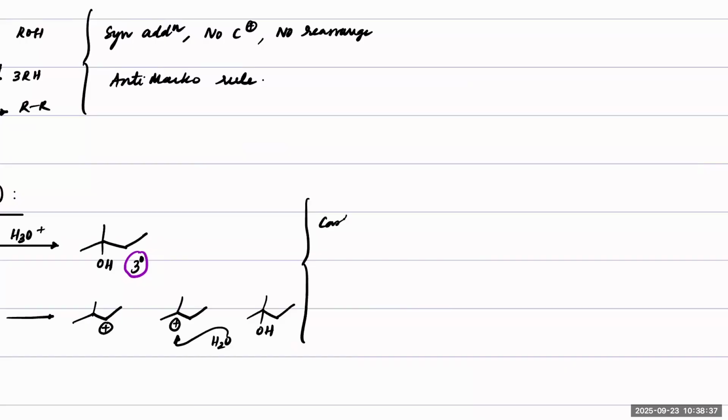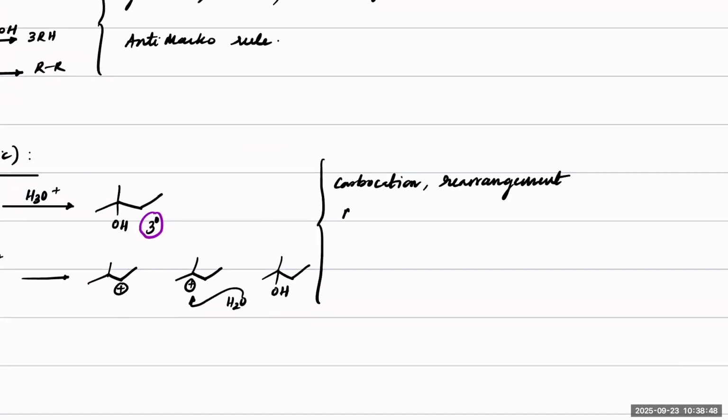So there is a carbocation forming, and whenever there is a carbocation forming, chances of rearrangement are always observed. And this is also non-stereospecific, and it is following Markovnikov's rule.